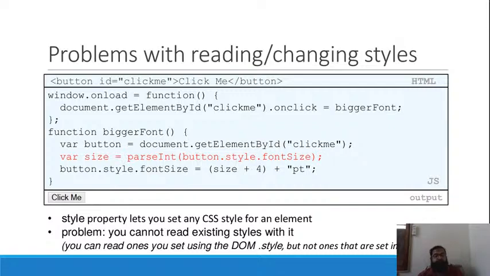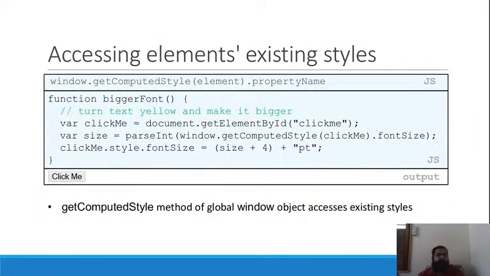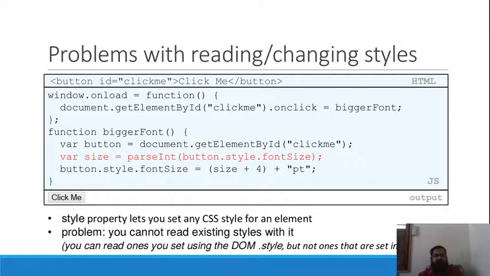And then you can do button dot style dot font size is equal to size plus 4 plus pt. But this will not be able to get you the font size, because you cannot do button dot style dot font size and parse it as an integer and store it into size if that is available only in the CSS.